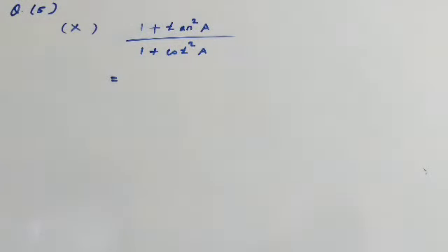Now listen, subdivision 10 of question number 5. It is given that (1 plus tan square A) by (1 plus cot square A) equal to ((1 minus tan A) by (1 minus cot A)) whole square equal to tan square A. In this problem, first we have to take 1 plus tan square A by 1 plus cot square A. Our answer should be tan square A. Then take 1 minus tan A by 1 minus cot A the whole square.